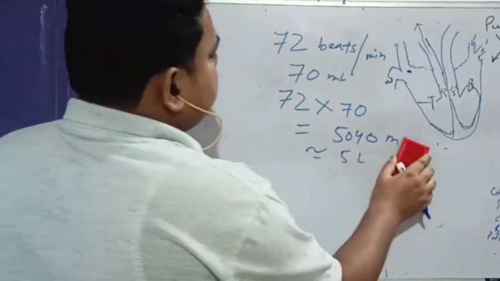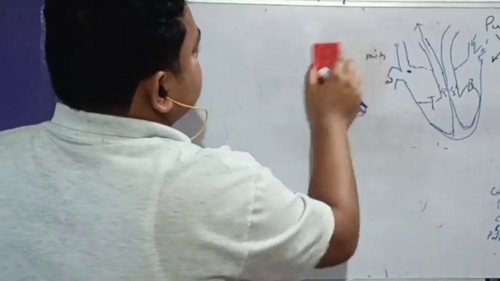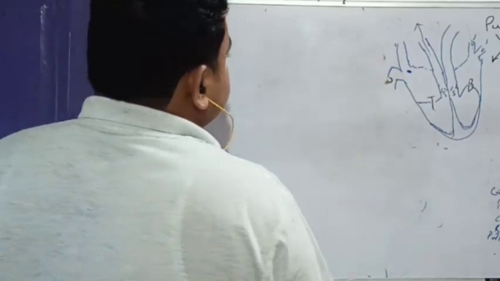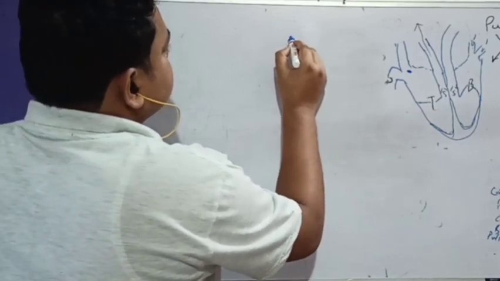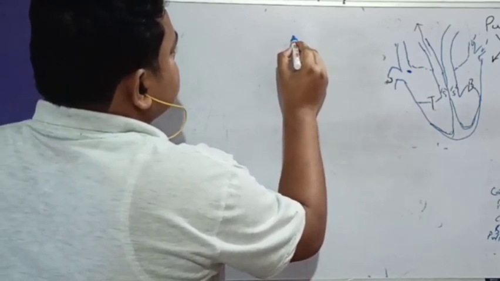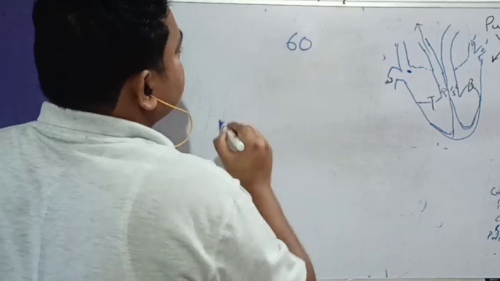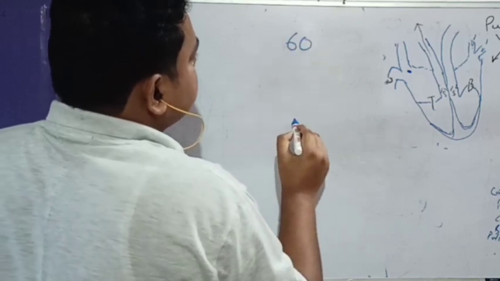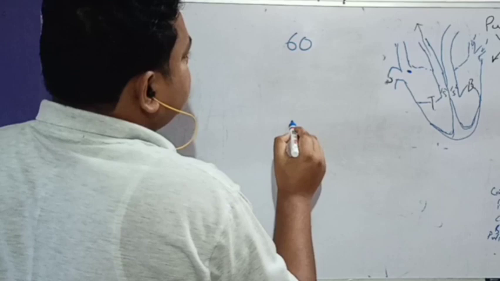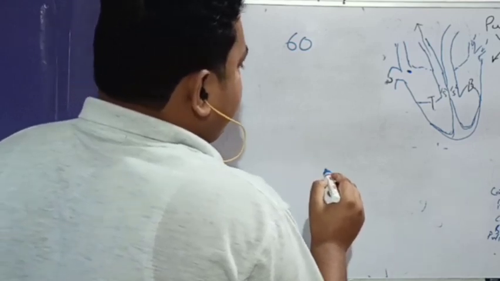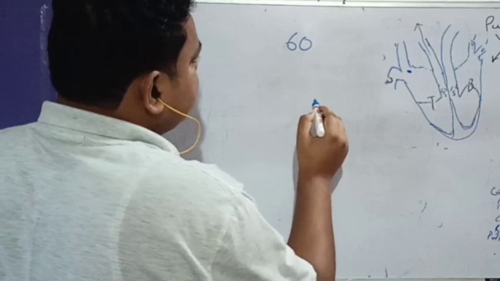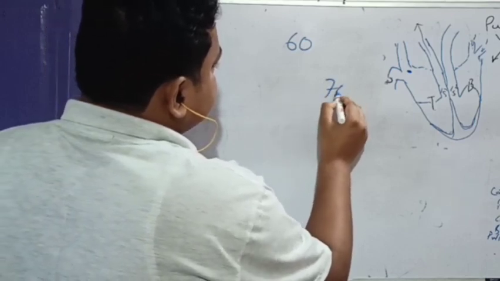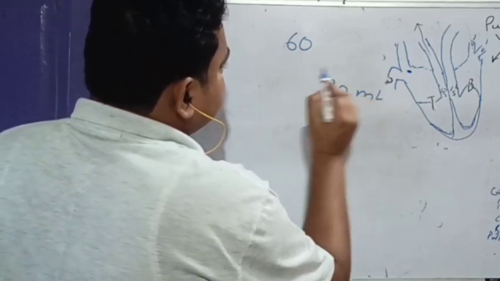So a question might be asked: a person's heartbeat is 60, and in every beat the blood is 70 milliliters.